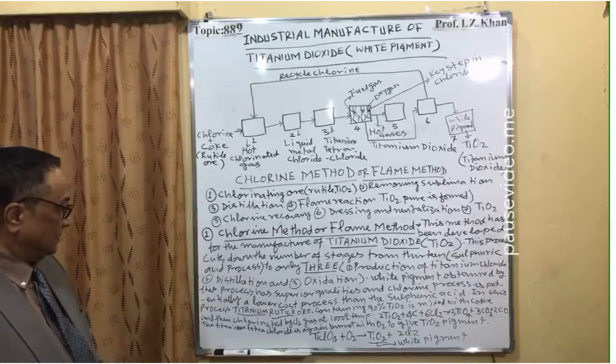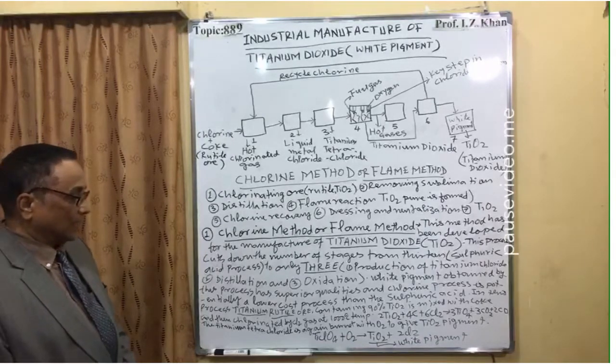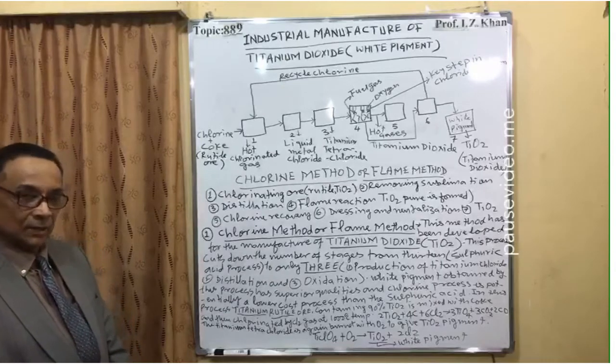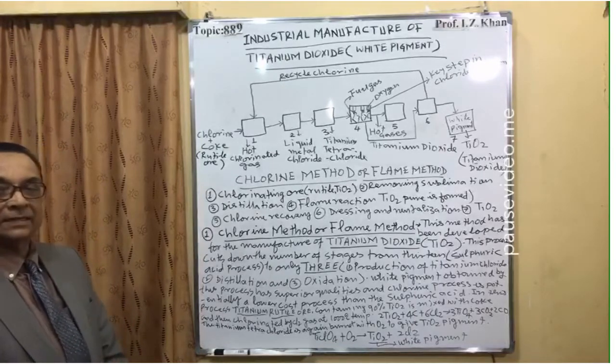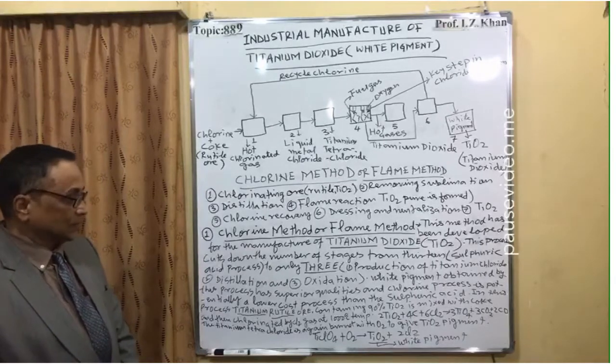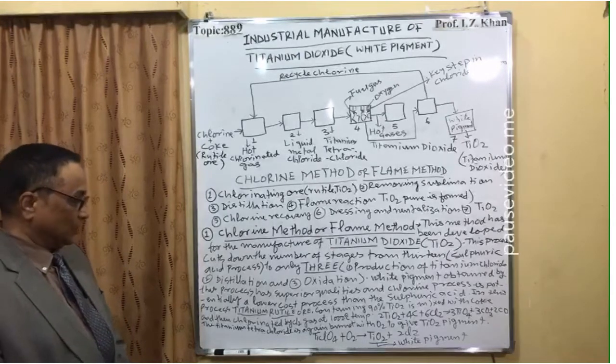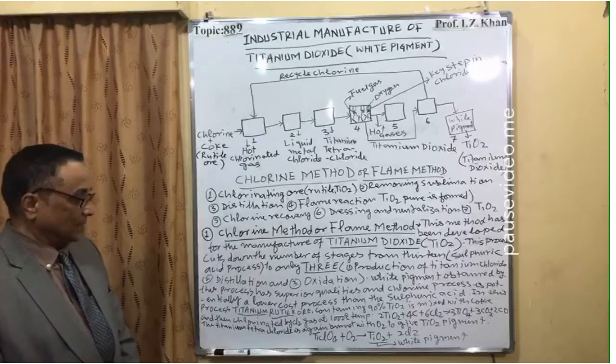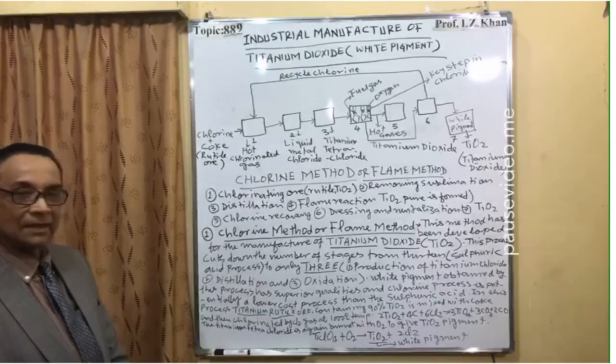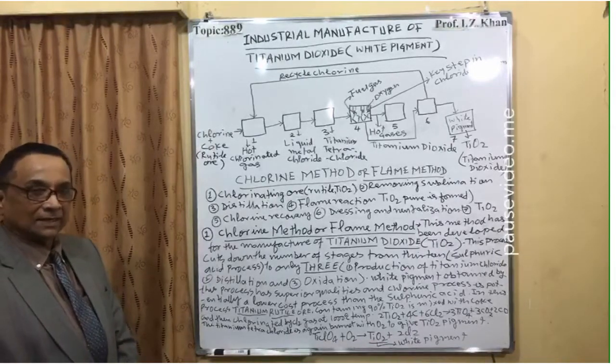In this process, titanium rutile ore, which contains 90% titanium oxide, is mixed with coke and then chlorinated by chlorine gas at a temperature of 1000 degrees centigrade.